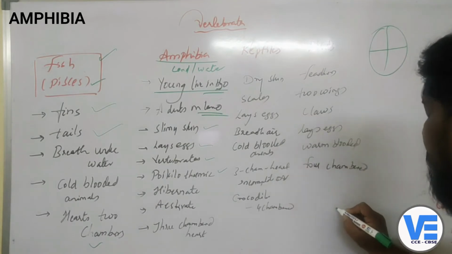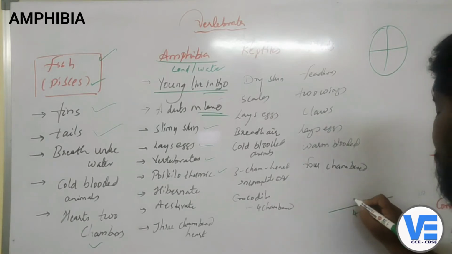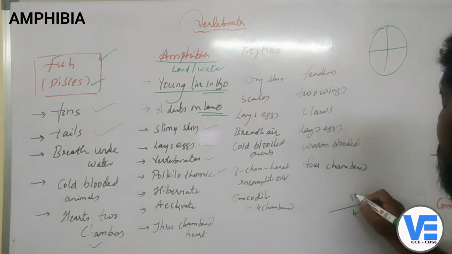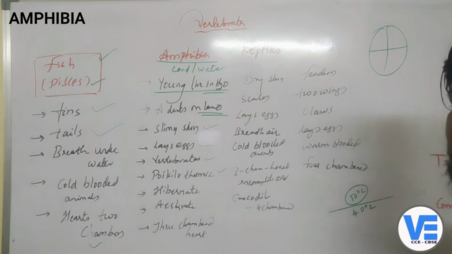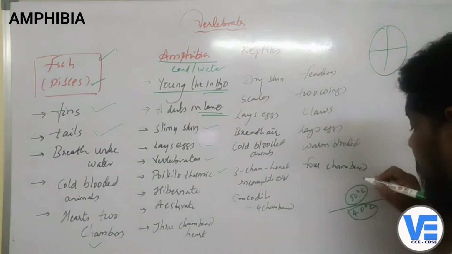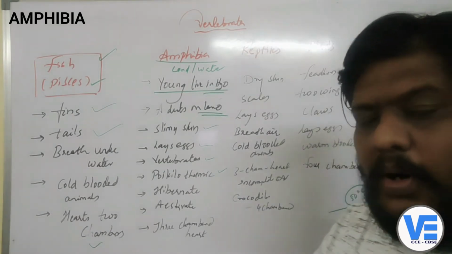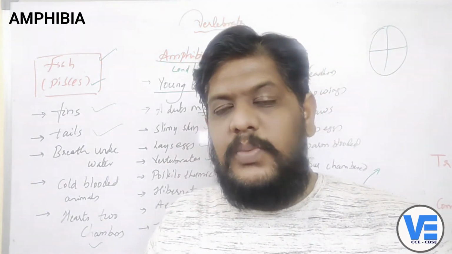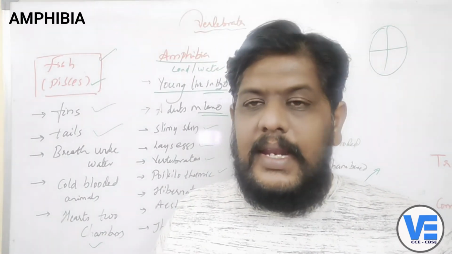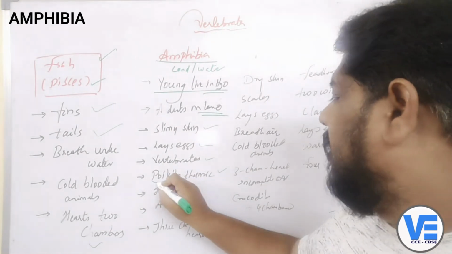For example, if the environment is some 40 degrees centigrade, the animals living in this environment will have a body temperature of 50 degrees centigrade. So the body temperature is a bit higher than the habitat where they live. That's why these organisms are called poikilothermic animals.